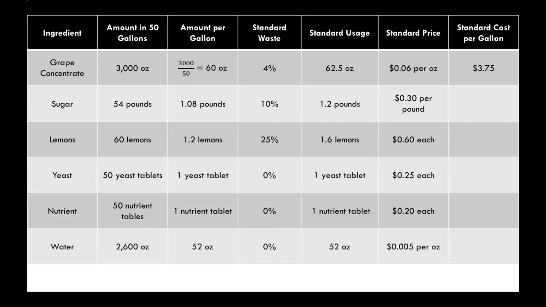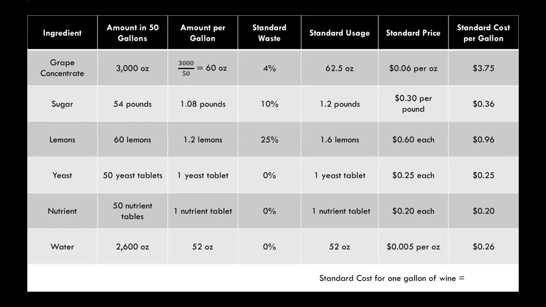So now we continue this on. 1.2 pounds of sugar at 30 cents a pound is 36 cents. 1.6 lemons at 60 cents each is 96 cents. All right, so we continue that down through each and every ingredient.